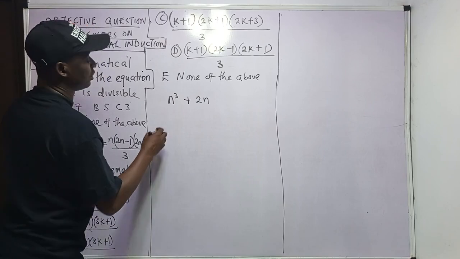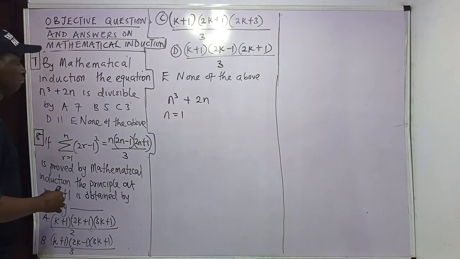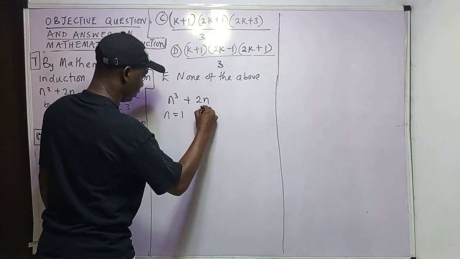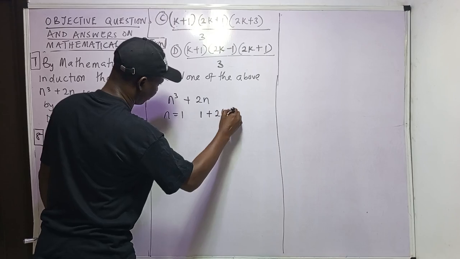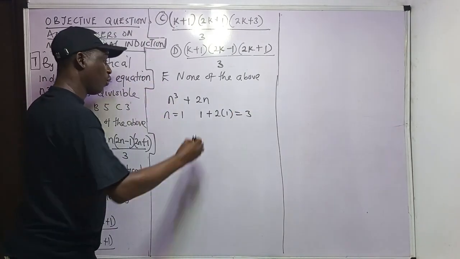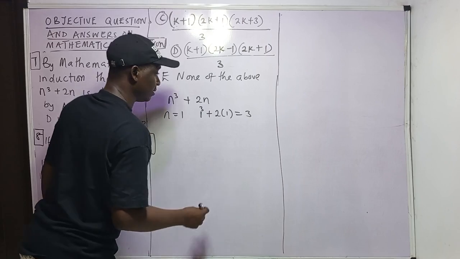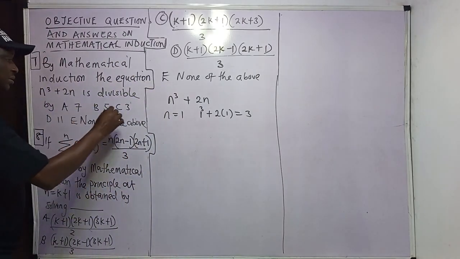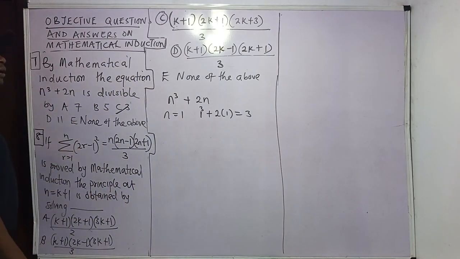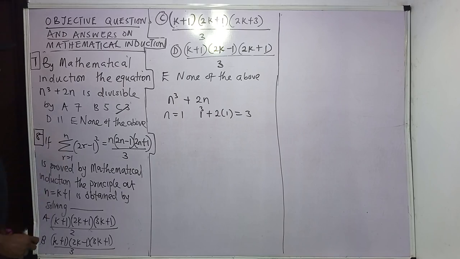But for this objective case, we can put n equals 1. When you put n equals 1, you have 1 plus 2 times 1, which gives us 3, because 1 cubed is 1, then plus 2 times 1 is 3. So you get 3 as the answer, because the only option divisible by 3 is 3.